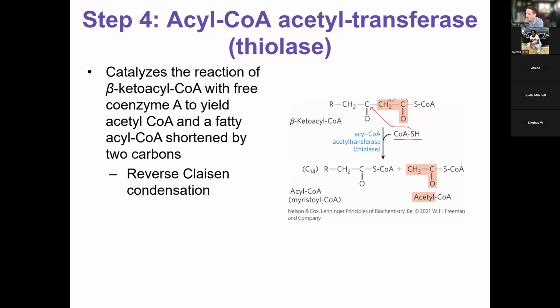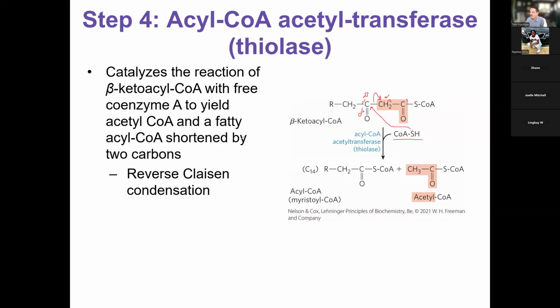It's carbon 1, 2, 3, which is alpha, beta. It attacks the beta carbon because it's slightly positive because of the carbonyl, and when it attacks that one, you also get this bond breaking. It's not going to attack this carbon because it's already got an acyl CoA on it.